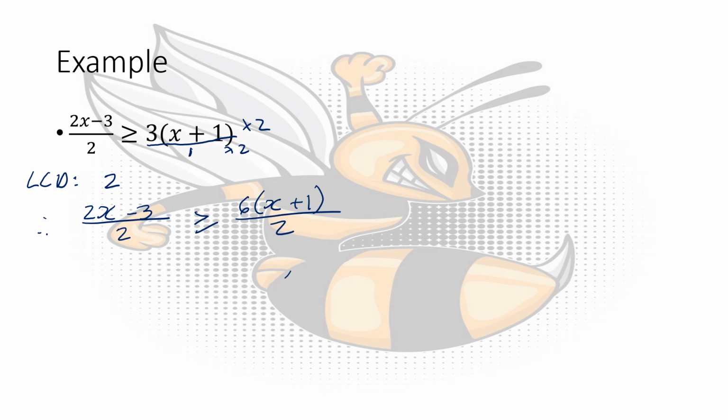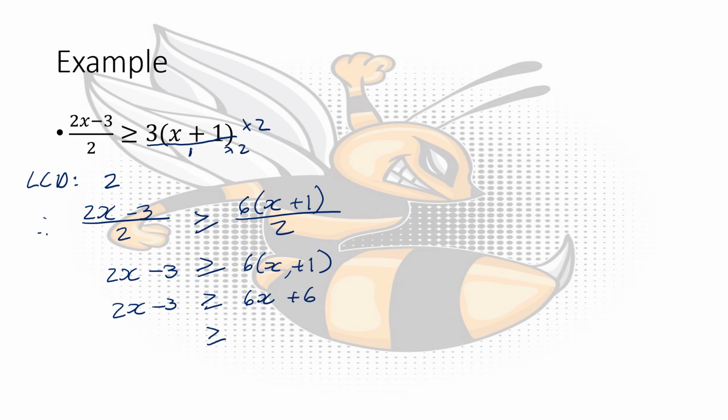From there, I can forget about my denominators again. So 2x minus 3 is bigger or equal to 6 bracket x plus 1. From there, we just need to solve for x, so we get rid of the brackets. We multiply the 6 in, then we get 6x plus 6.